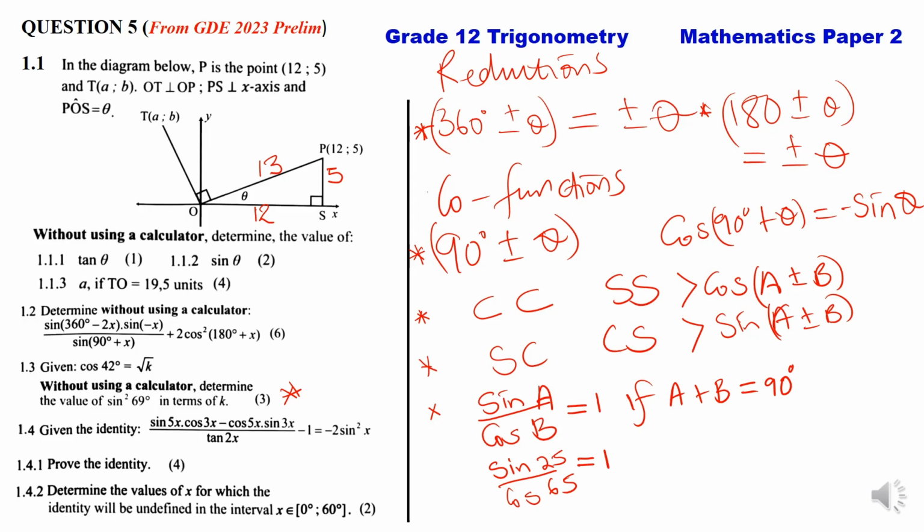And the working out will be the sine of 25 is the same as the sine of 90 degrees minus 65 degrees. Then if I subtract from 90, it becomes a cofunction. So it is the same as the cos of 65 degrees. Then cos 65 divided by cos 65 will definitely give me 1.